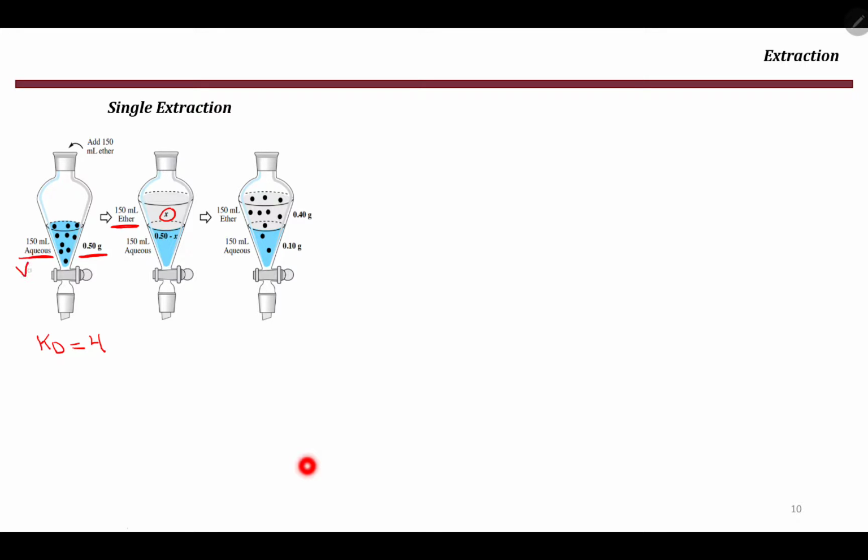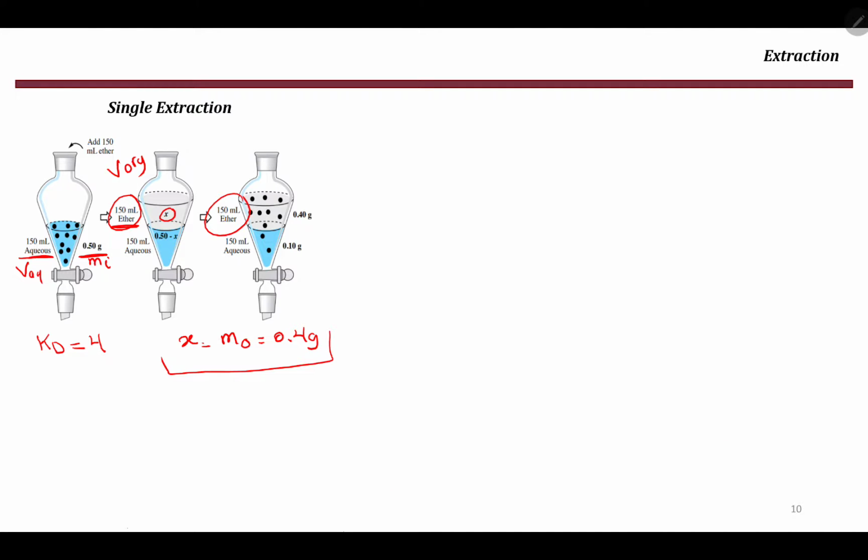So this is volume aqueous, this is the initial amount, this is the volume organic. If you do the math, you will notice that X, which is the mass organic, will be equal to 0.4 grams.